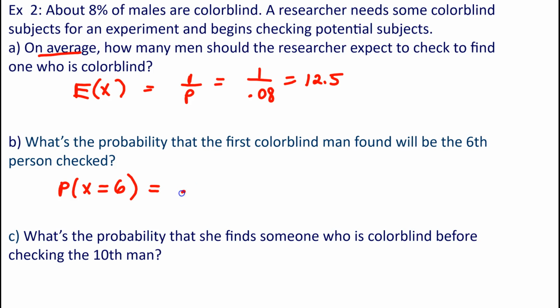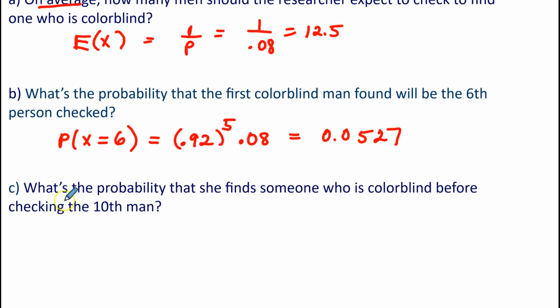So that means there are 5 people, and again, each person is independent, so we could just multiply it together, times the subject who is colorblind. And when we multiply that out, we get 0.0527.